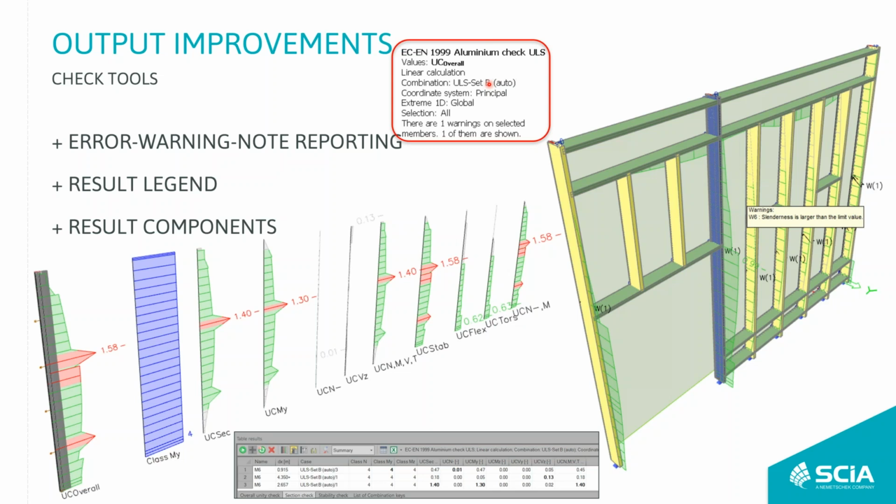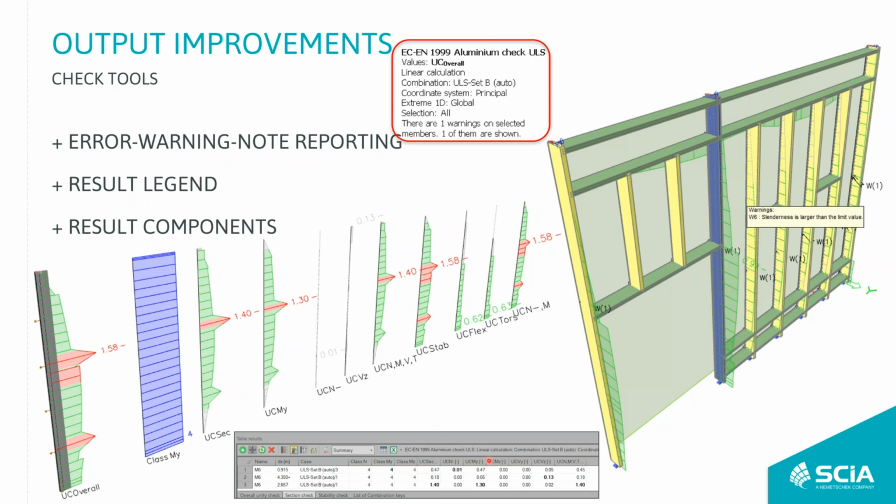We also added the possibility to display the warnings or errors as tooltips if I hover on the abbreviation. And we also added the option to draw all the components of the checks on the screen.